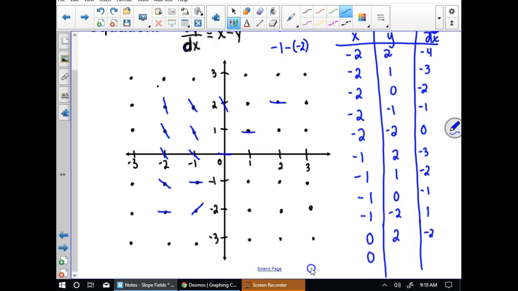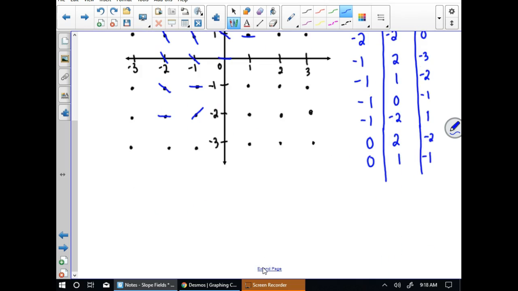If I have 0, 1, it's going to be -1. If I have 0, -1, it gives me +1. And then 0, -2 is going to give me +2.